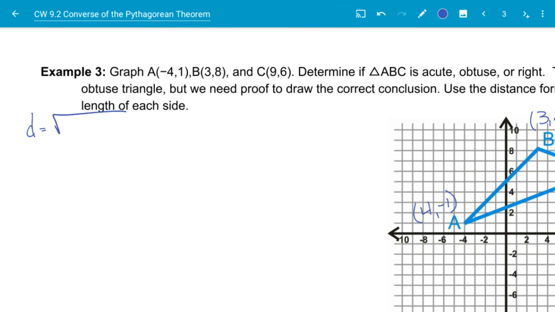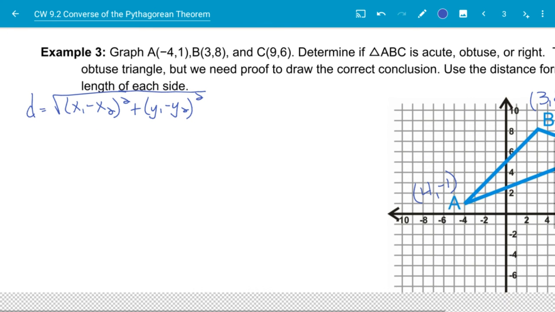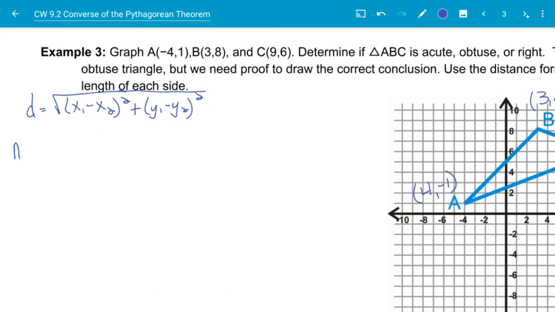Distance is equal to the square root of x1 minus x2 squared plus y1 minus y2 squared. That's the square root of all of that. So let's go for the distance between A and B first.